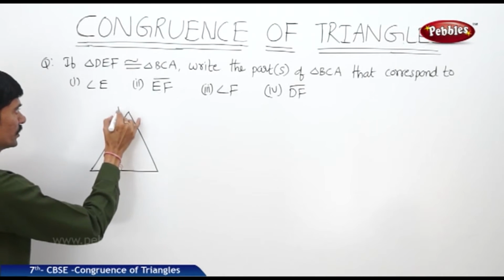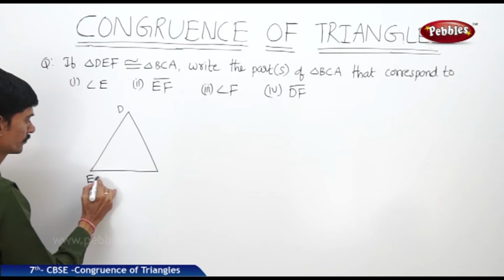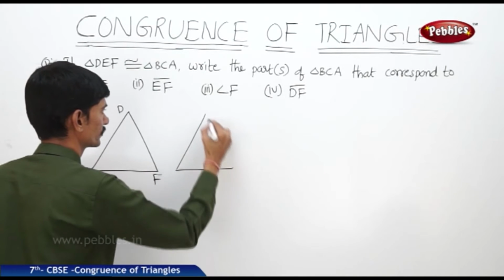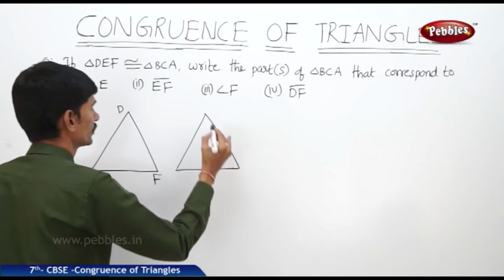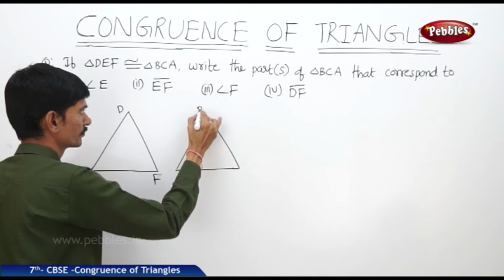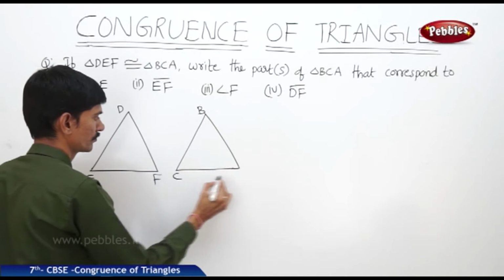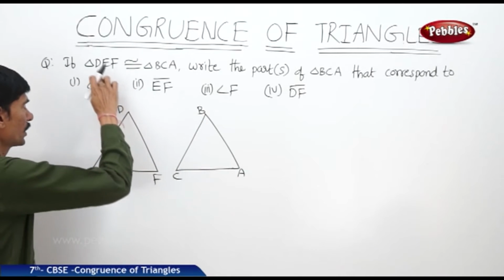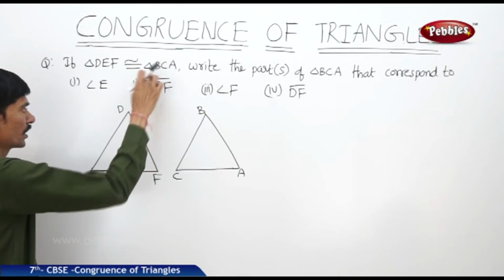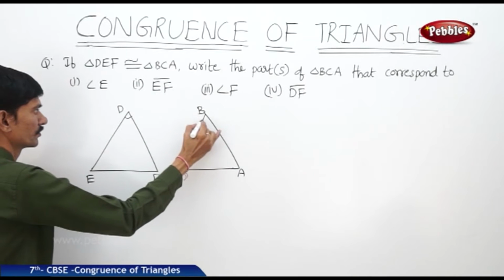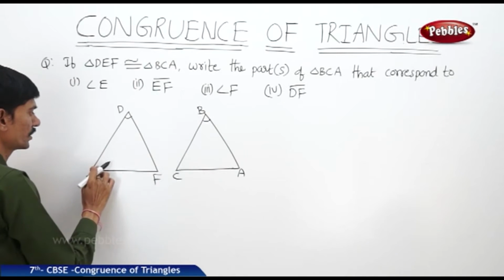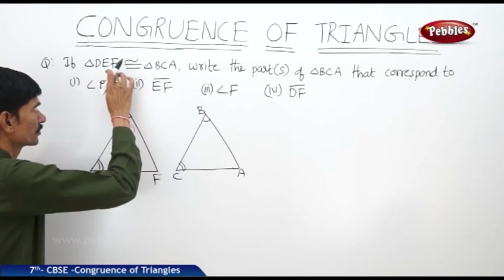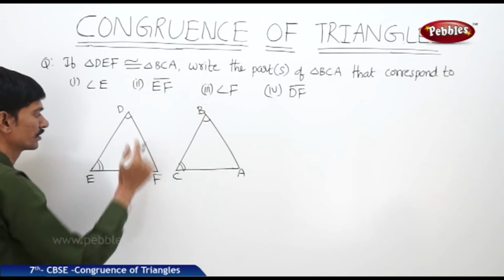The first triangle is DEF and the second triangle is BCA, such that angle D corresponds to angle B, then angle E corresponds to angle C, then angle F corresponds to angle A.